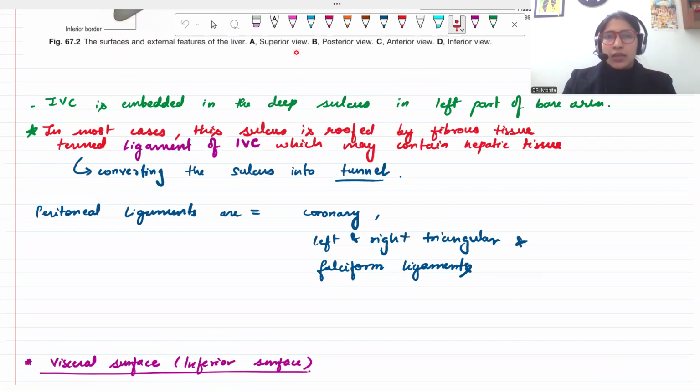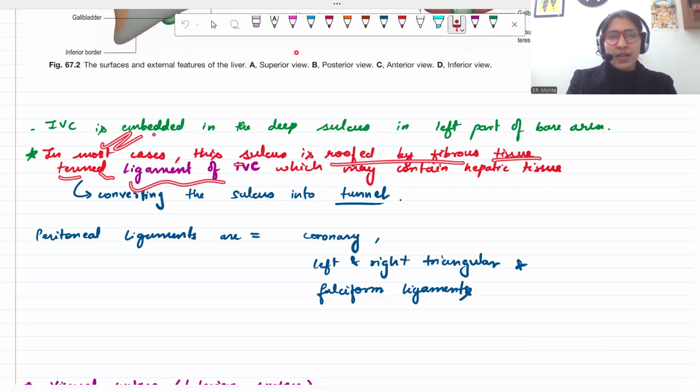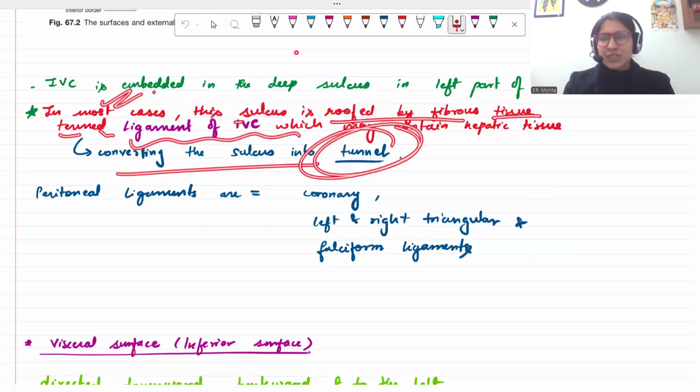Fine. See, in most of the cases, this sulcus is roofed by fibrous tissue termed as ligament of IVC, converting it into the tunnel. Is it fine?